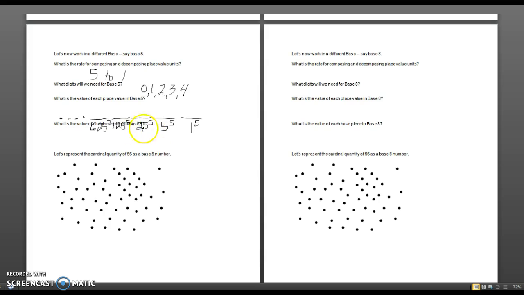Okay? So, the next question, which I covered up, but I know you can see it on the note sheet that I'm sure you printed out. I hope you are. What is the value of each base piece? So we start using base pieces for different bases, and we use these shortcuts because the visual really helps people, right?